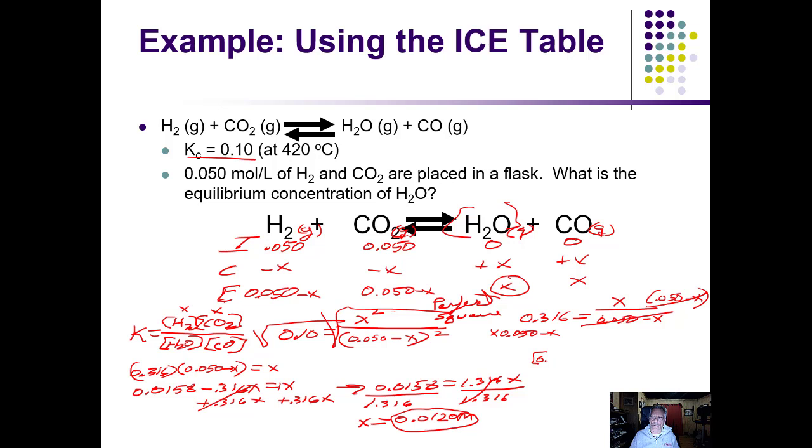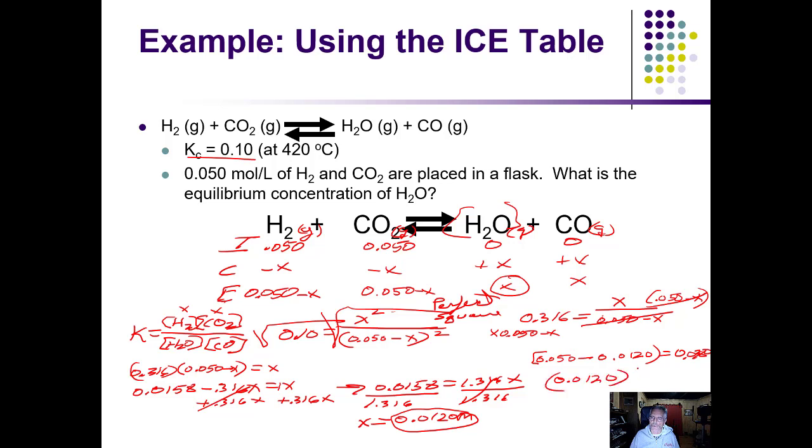We've got 0.050 minus 0.0120. And when I do that, 0.0380. So that's going to be 0.0380.